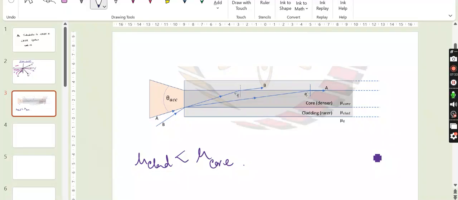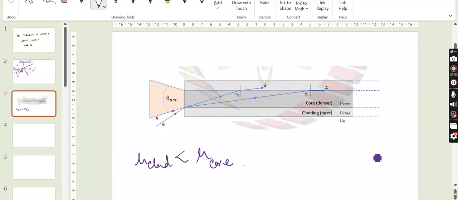The acceptance angle, theta accepted, is the maximum angle that an incident beam of light can make with the fiber axis in order to be trapped inside the core.